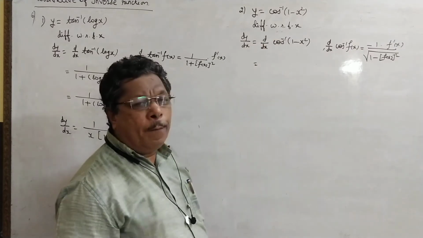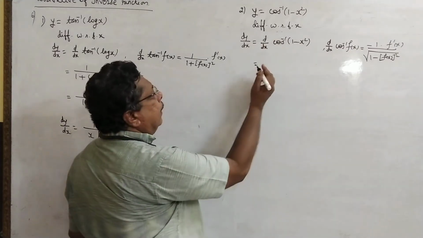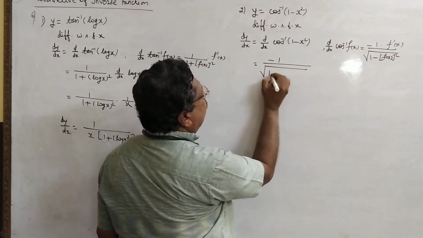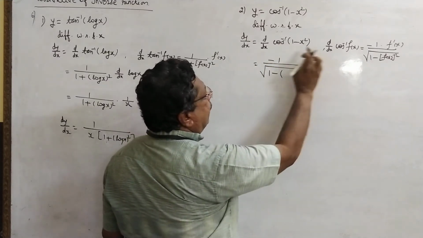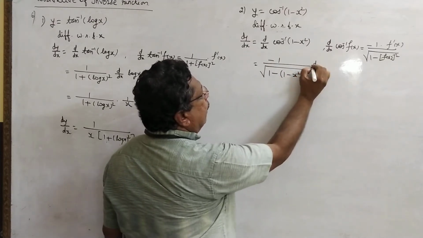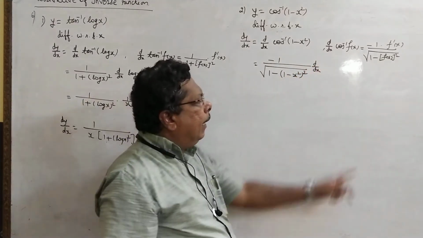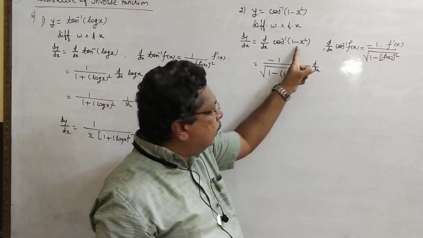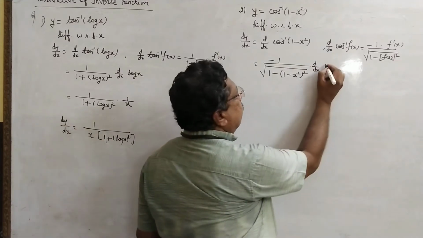Now derivative of cos inverse 1 minus x square is minus 1 upon under root 1 minus fx square, where fx is 1 minus x square, into f dash x. F dash x means d by dx of fx. What is fx? 1 minus x square.